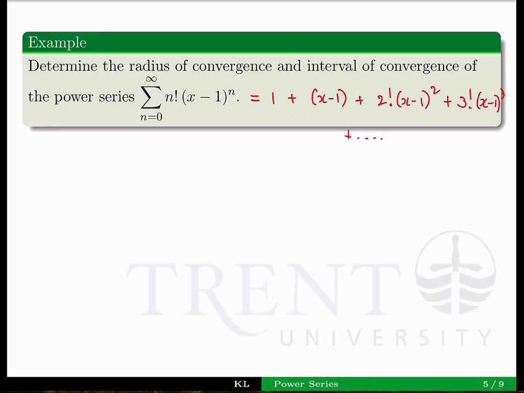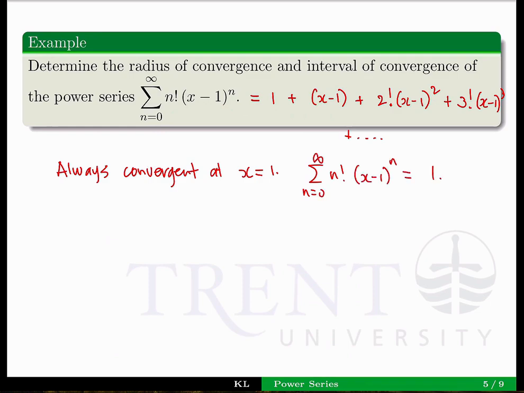So like what we mentioned earlier, this is always convergent at x equals 1. It's just the power series of n factorial, from 0 to plus infinity, (x minus 1) to the n, and this is just 1.